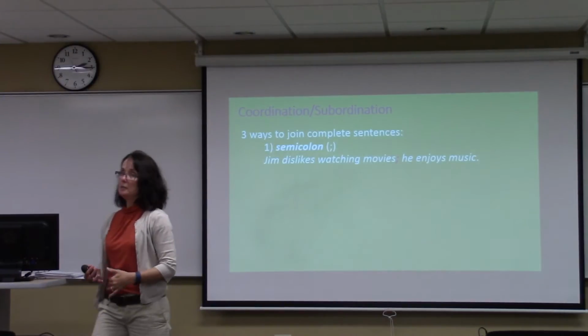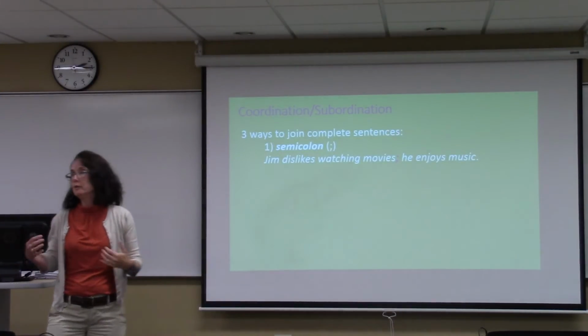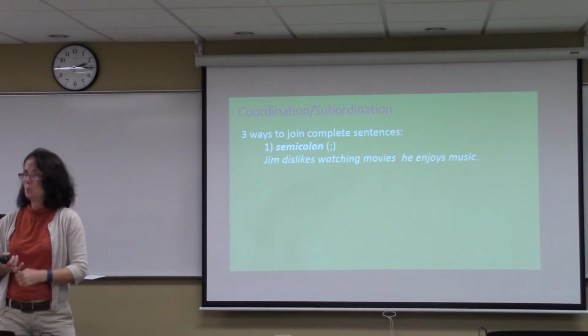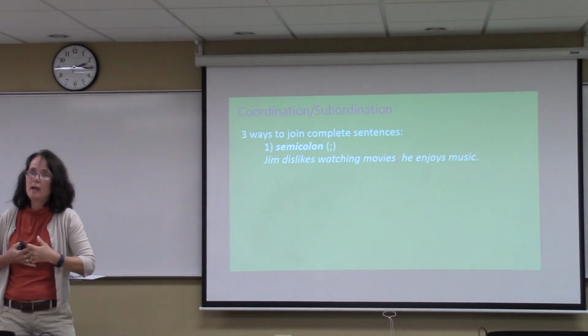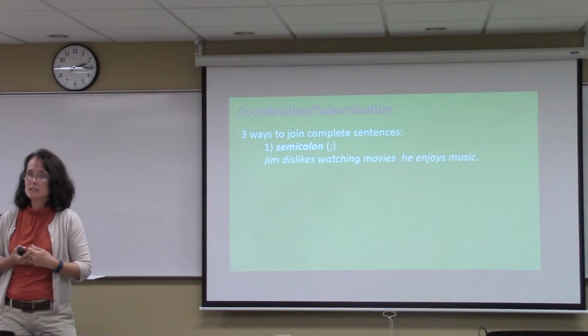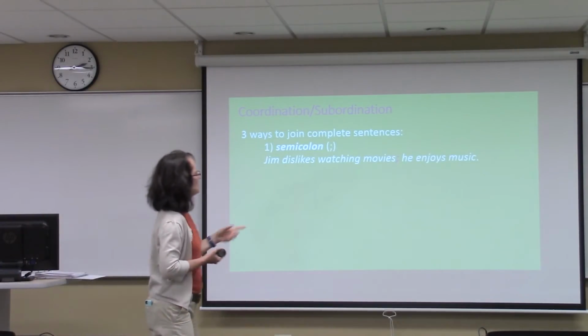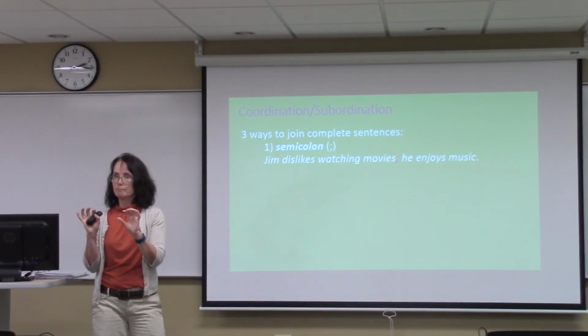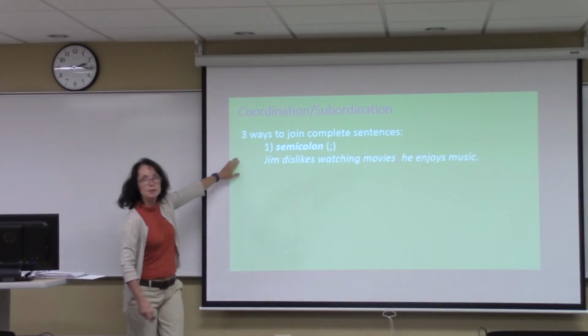You can use a semicolon when they are very, very related sentences. When they are connected in a way that they make sense together as partners, okay? And oftentimes a semicolon is used with 2 small sentences, all right? So that's one way to join a complete sentence.